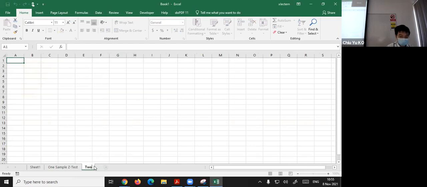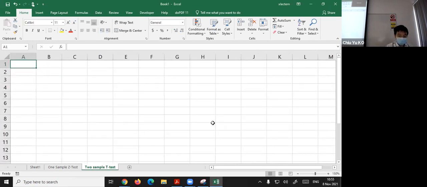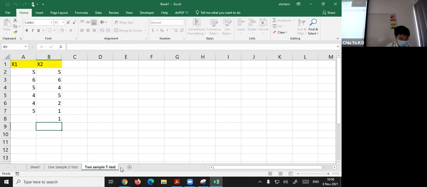It's a two sample t-test, so let's do it quickly. We have x1 and x2. This is the data, just randomly put in. Here we don't have to have the same number of observations. If we're talking about independent samples, we don't have to have the same number.